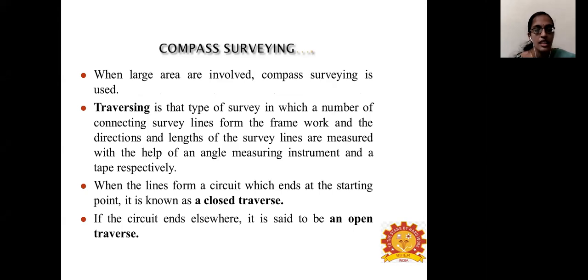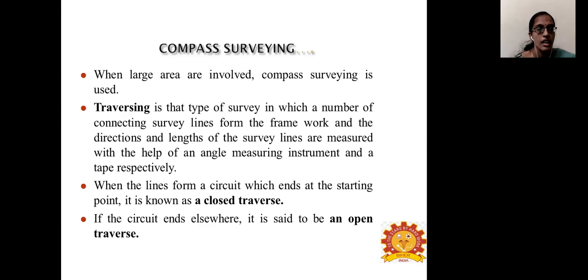Traversing is a type of survey consisting of a series of survey lines that form a framework. The direction and the length of the survey lines are measured with the help of angular measurements, and a tape is also used.